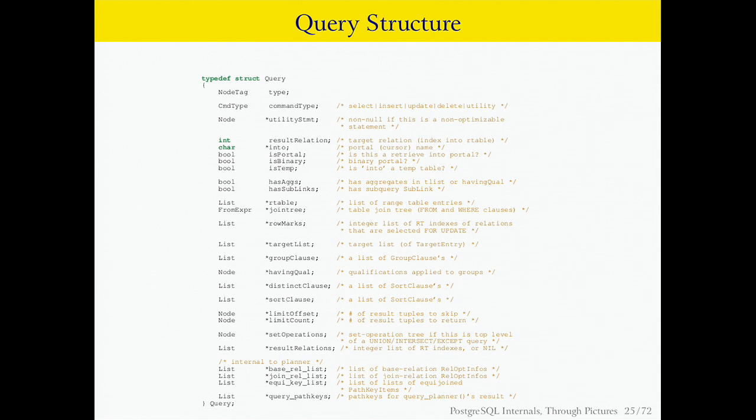It's checking for things that are misspelled, or if you reference a column that doesn't exist in a table, this is where you identify that. So it's trying to take that query that you sent, which is usually much more complicated than the one I gave you, and distill it down into something that can be represented in a really atomic way in the computer that we can then pass to the later stages.